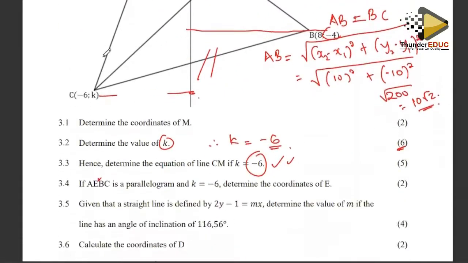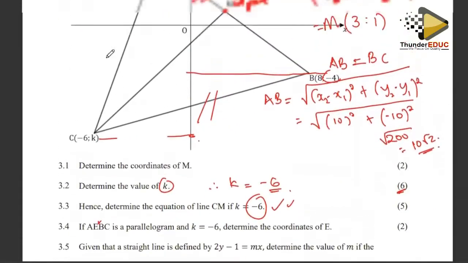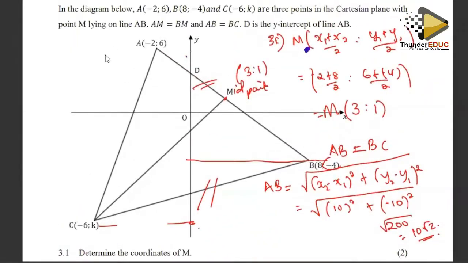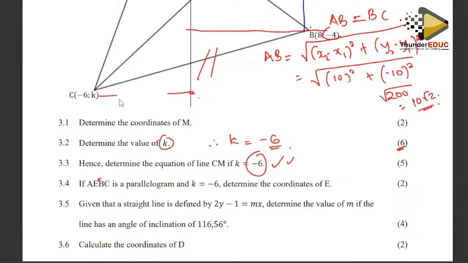AEBC is a parallelogram, and K is -6. Determine the coordinates of E. So if this is our E, I'll just put XY. Okay, we have that. And then we have that. Don't mind about the shape, but we are just focusing on the parallelogram part. How many marks is it? It's 2 marks.